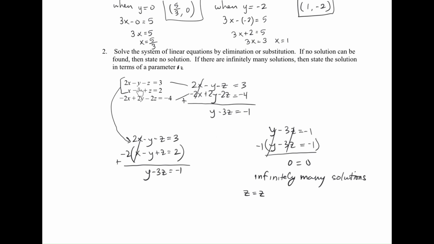And then we go back to one of the original equations to solve for x. So from this statement right here, we know that y minus 3z is equal to -1. So if you move and add the 3z to the other side, we get y is equal to 3z minus 1.